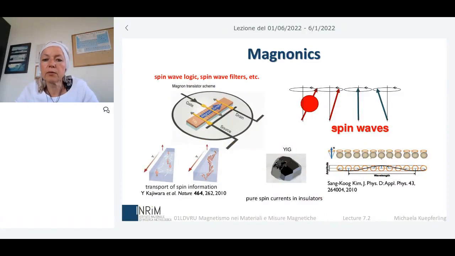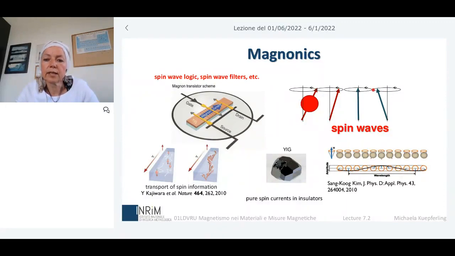So what is a spin wave? Just to show it quickly to you, you can imagine that since your single spin or magnetic moment is precessing, if all spins have a certain phase relation to each other and a certain phase shift, then you get coordinated spin excitations like these spin waves.